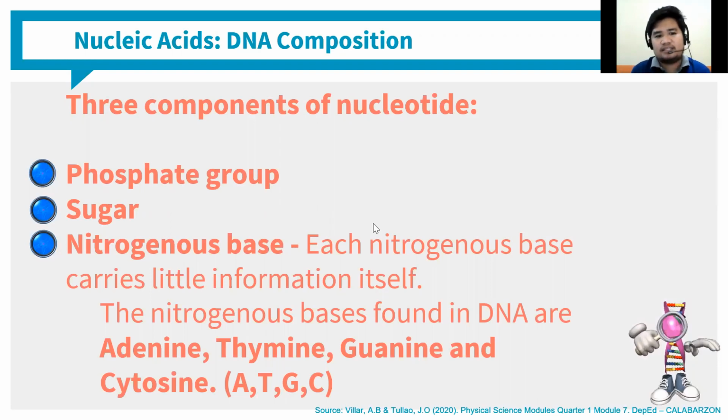Okay? So, the nitrogenous bases found in DNA are adenine, thymine, guanine, and cytosine. So, kapag nagsama-sama itong ATGC, no? Nagkaroon sila ng sequencing, tinitake sila or nire-read sila in 3, yung tinatawag na codons, no?